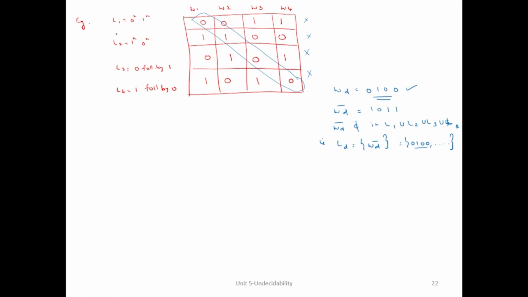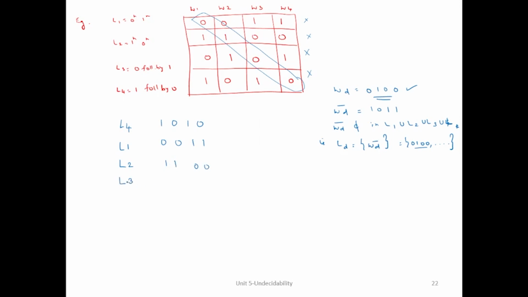Now I am going to shuffle these notations. Instead of the first row, I write the first row with the L4 value, which is 1010. Then I write the L1 value, 0011. Then the L2 value, 1100.